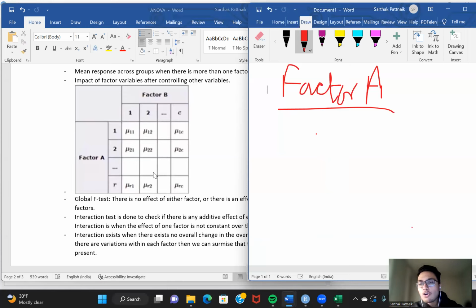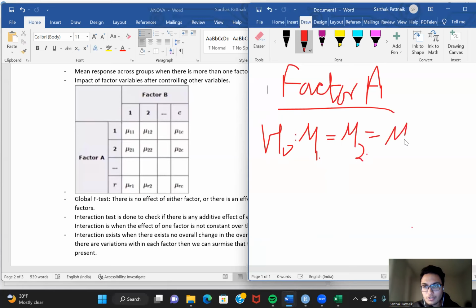So we are basically doing column wise analysis where we are stating our null hypothesis as mu1 dot is equal to mu2 dot is equal to mu3 dot, all the way till mu k dot.